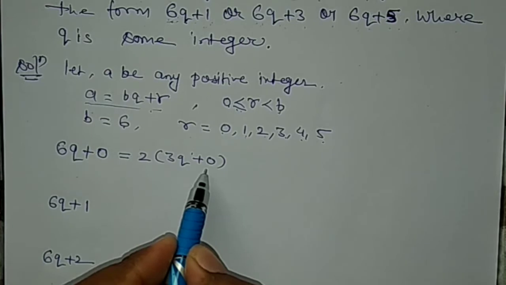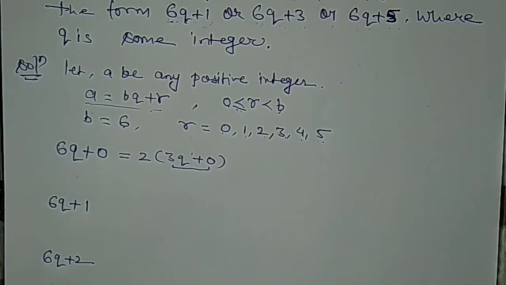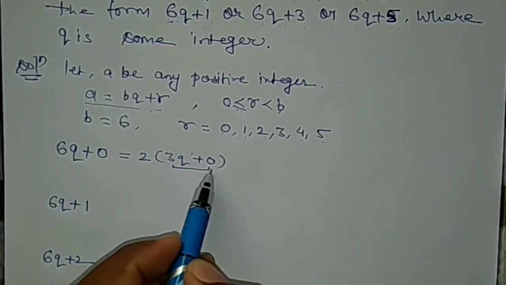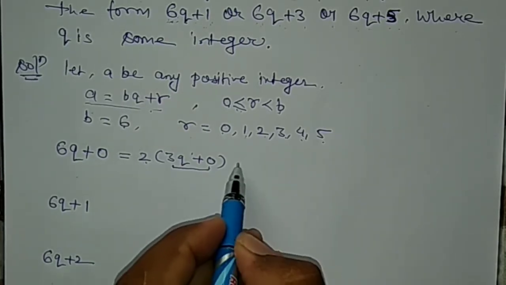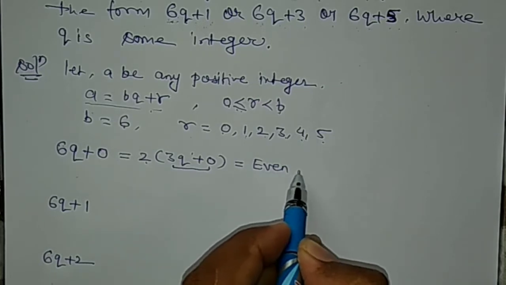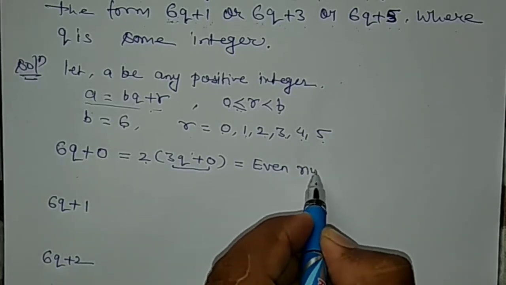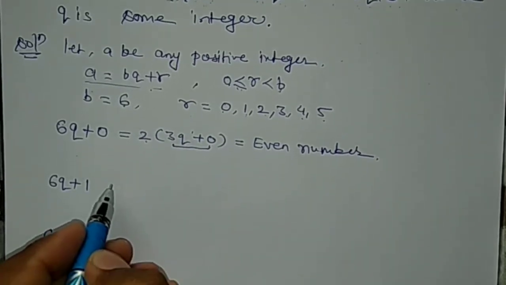It is a multiple of 2, and any number that is a multiple of 2 is always an even number.